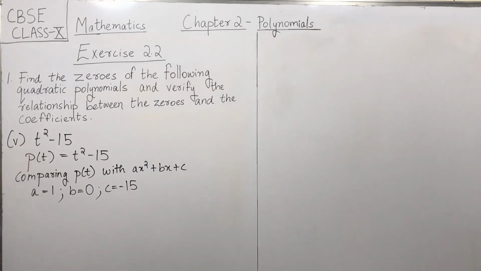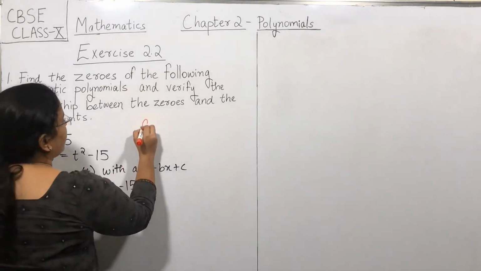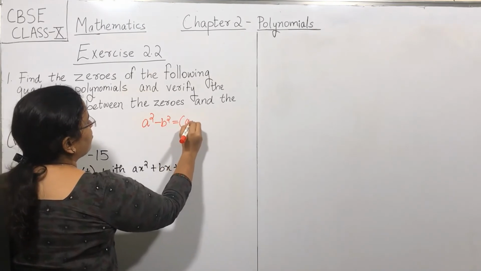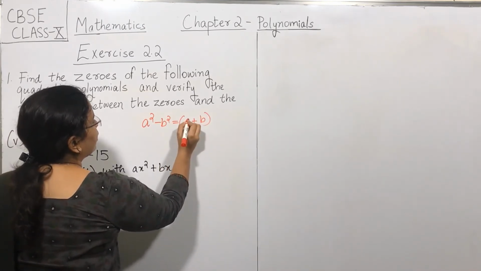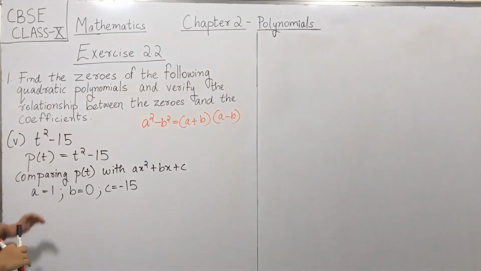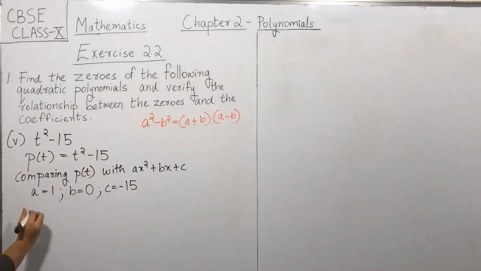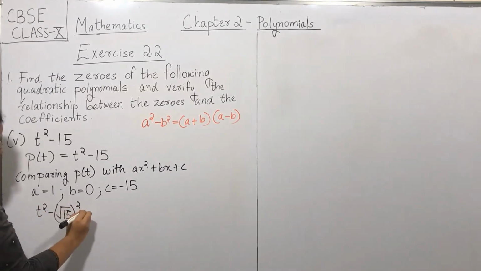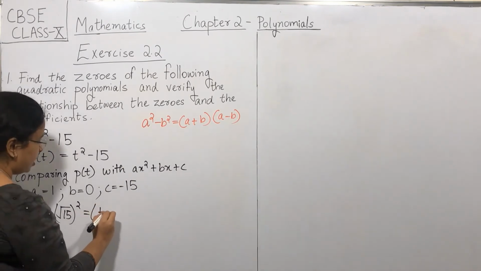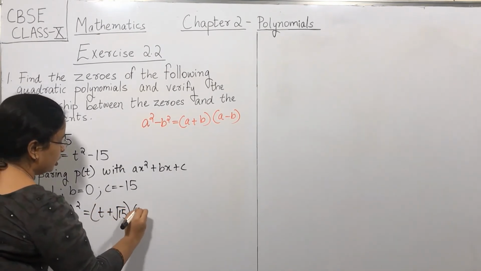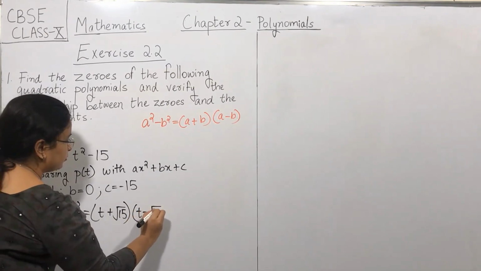Here t square minus 15 is of the form a square minus b square, which is equal to a plus b into a minus b. You can write t square minus 15 as t square minus root 15 the whole square. It is equal to t plus root 15 into t minus root 15.